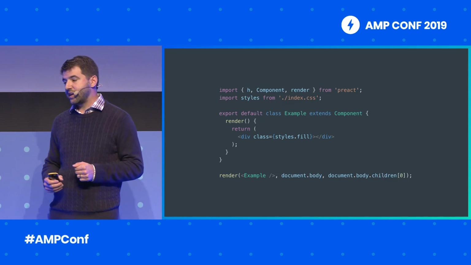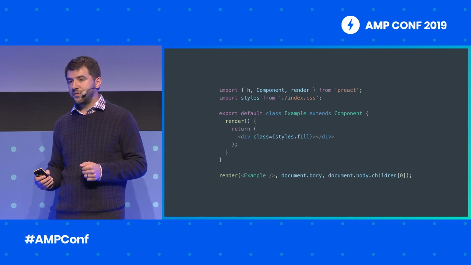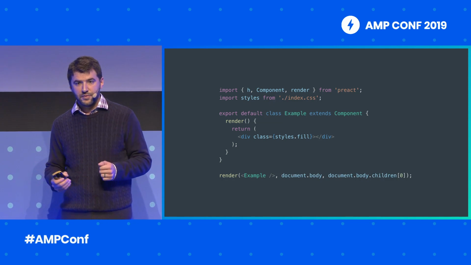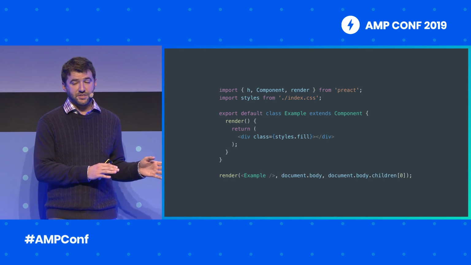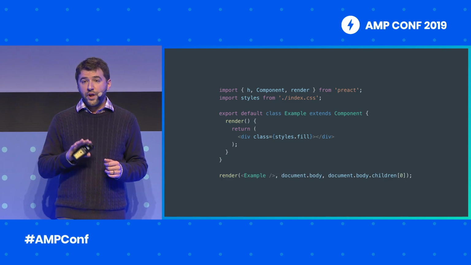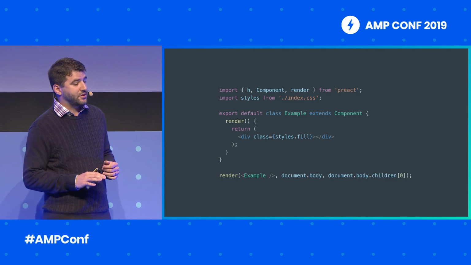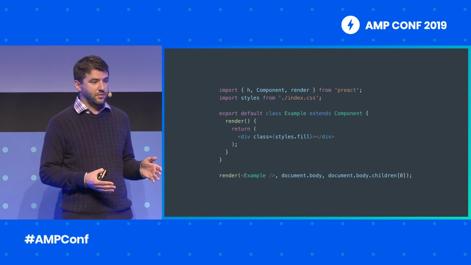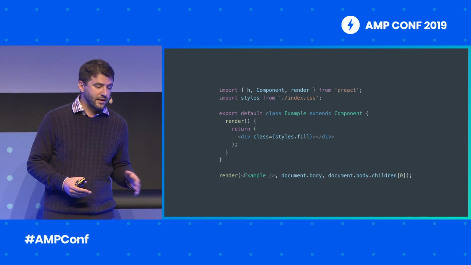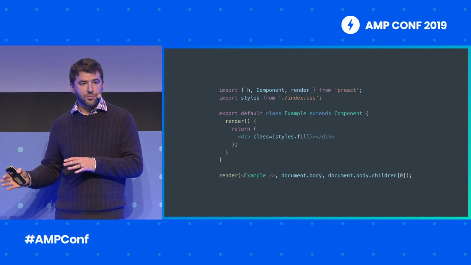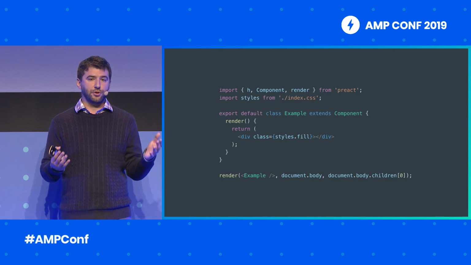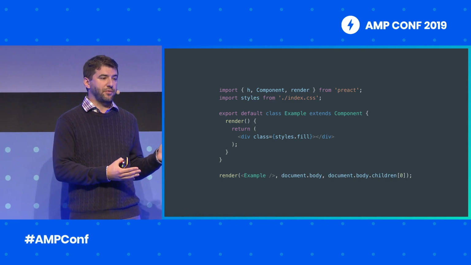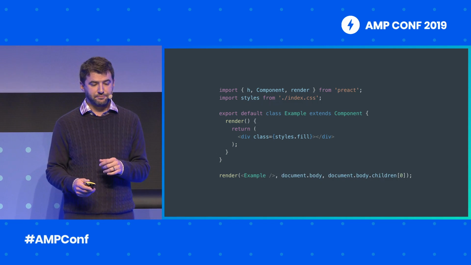That div node, inside of it, has a class attribute with the name fill. It's the same thing that you saw on the previous slide. When we go to render that specific element to the screen, the component is put in document.body. Now, the third argument here is specific to Preact. What it means is it will merge what was existing in the document before with what you've now specified.